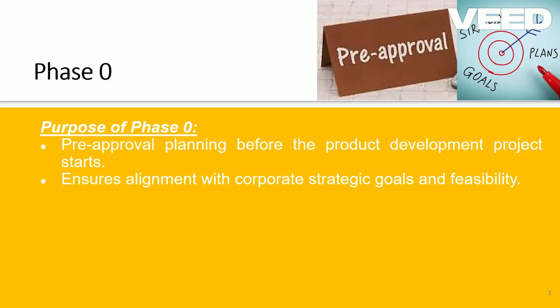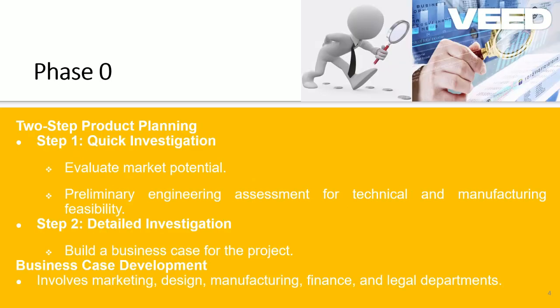In phase zero, we need to have a pre-approval of the development project, and we should ensure that it is aligned with the corporate strategic goals and feasibility. Here you have to go for a quick two-step investigation, which we call product planning. Step one is a quick investigation, where you evaluate the market potential the product has.